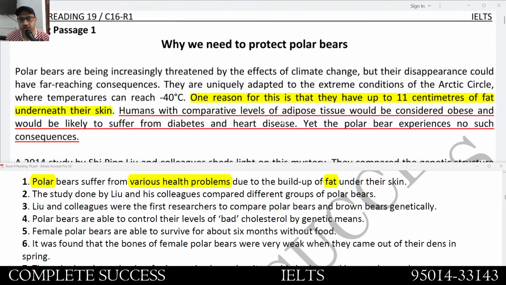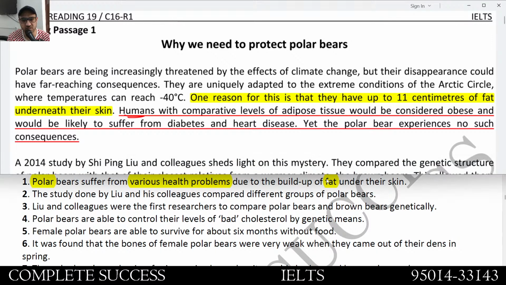Okay. Now the answer to this question is clearly false. Why is the answer false? Because it is written here that humans with comparative levels of adipose tissues would be considered obese and would be likely to suffer from diabetes and heart disease.